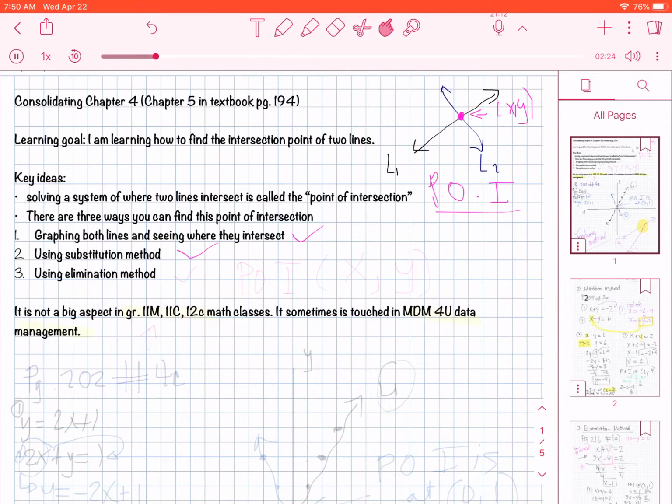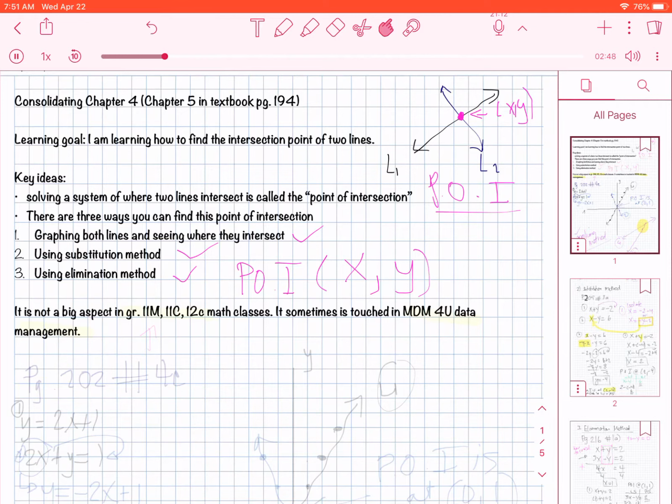It's a little trickier than substitution, however it still uses algebraic steps to figure out where that point of intersection is. That point of intersection will always be in the form of x comma y. For example, it could be (2, 3) or (-8, -4), wherever it lies on the Cartesian plane.